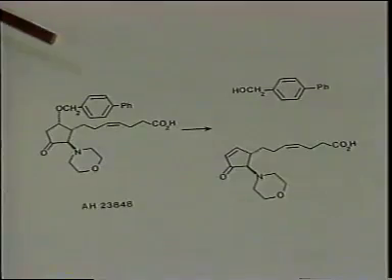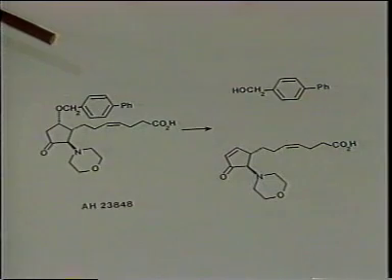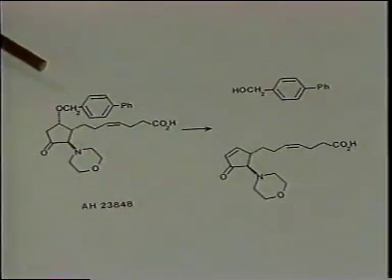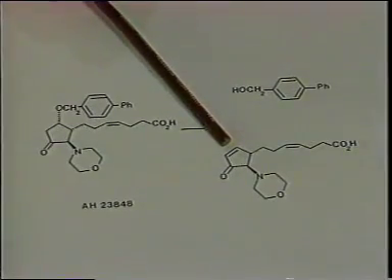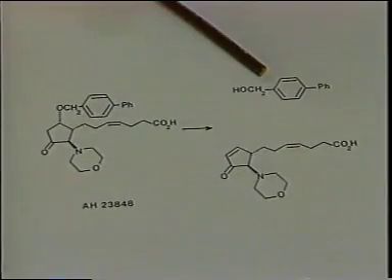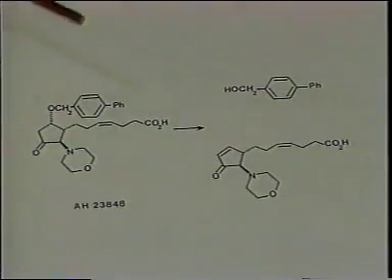And you would expect, under acid and basic conditions, that this molecule might be chemically degradable to the corresponding alpha-beta unsaturated ketone, and this would be the driving force for this elimination reaction, and you would be generating this alpha-beta unsaturated ketone and biphenylmethanol. And it turned out that biphenylmethanol is a teratogen, and indeed the toxicity of our AH23848 was due to a chemical breakdown product, biphenylmethanol.